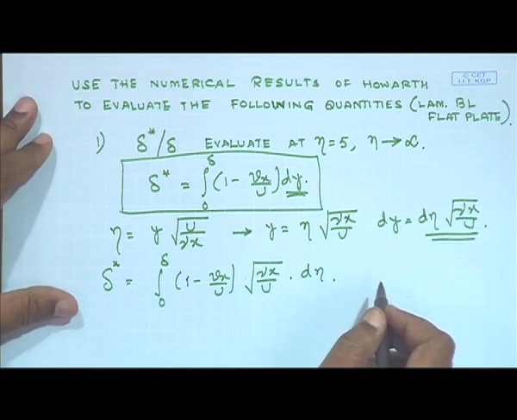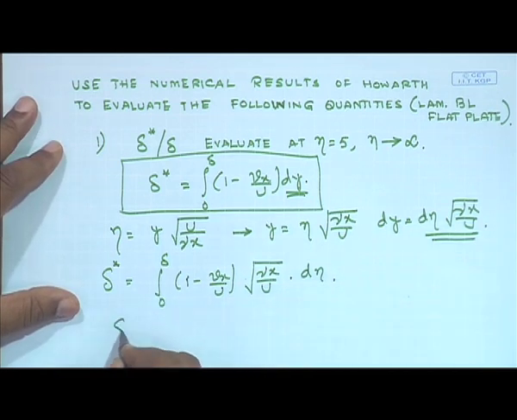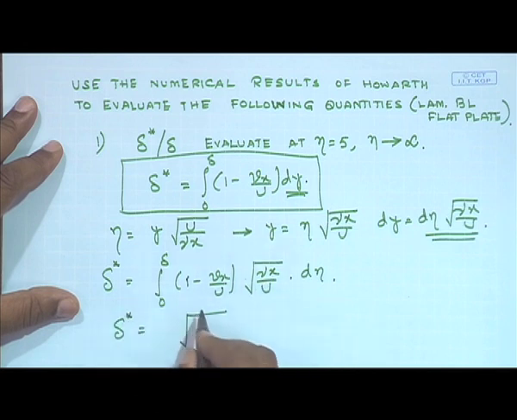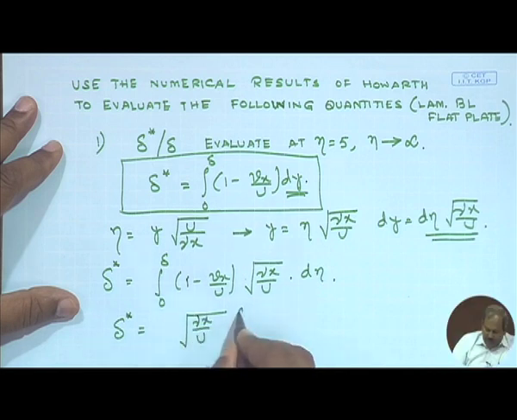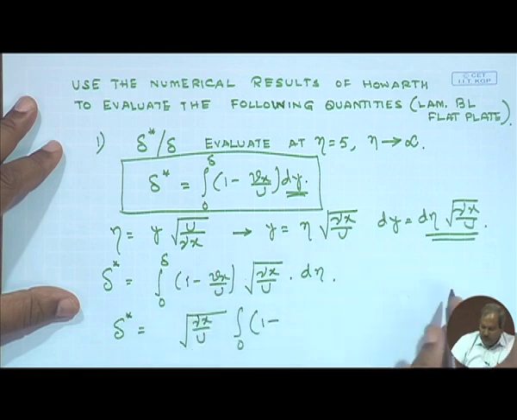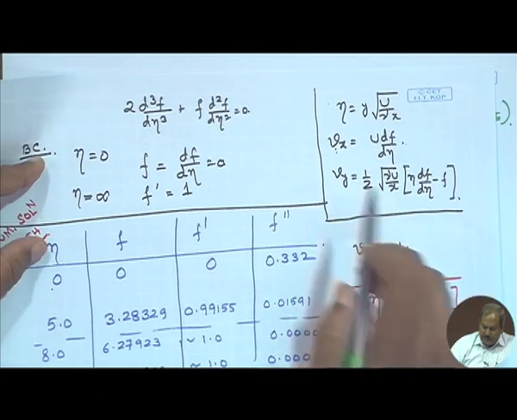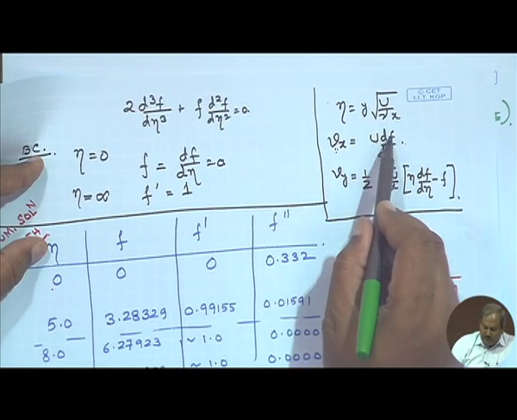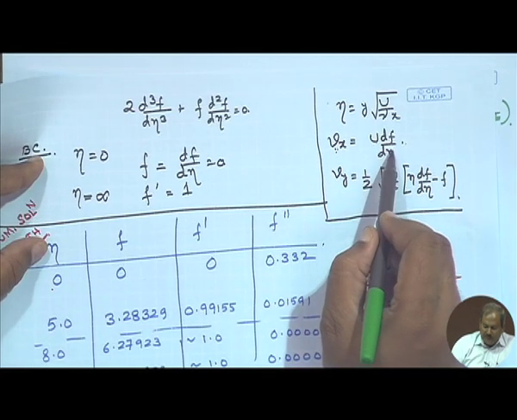And delta star would then be equal to, I take this outside since the integration is on eta, root nu x by u times the integral from 0 of 1 minus Vx by u. We have seen from this analysis that Vx by u is simply equal to df d eta.